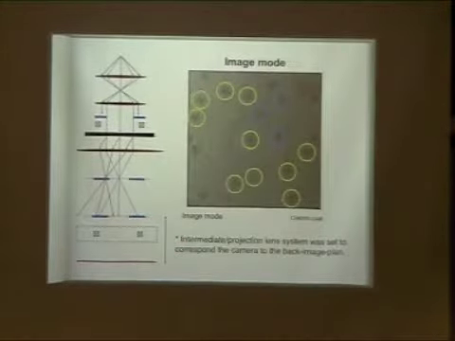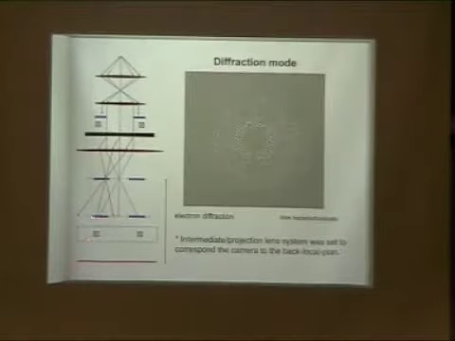Then if you want to do diffraction, you switch all this lens current, changing the combination basically by pushing a button called diffraction, and what happens is that it makes this back focal plane conjugate to the viewing screen. So what you're seeing here is effectively like putting a detector at this level.